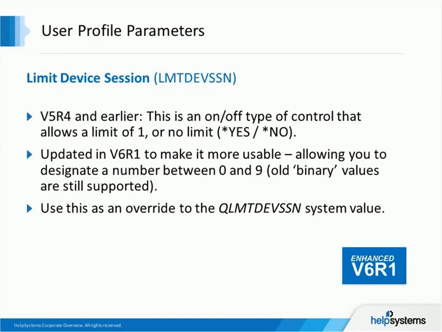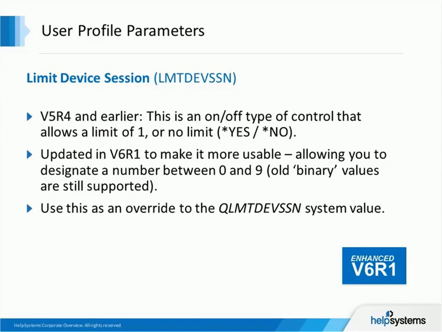But this option was updated because this is a common thing within regulatory mandates. It was updated in 6.1 to make it a little bit more friendly. It allows you to designate now a number between 0 and 9 in addition to the original all or nothing to say how many times this profile can be signed on concurrently because, let's face it, I know I have multiple sessions running and you probably do as well.